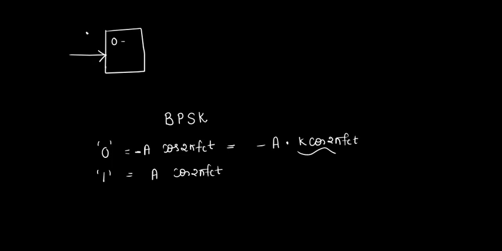This will become your phi t. Why have I used k? Just to make sure that this is unit energy, or you can just apply Gram-Schmidt and you will get the value of k. So this is k of phi t.